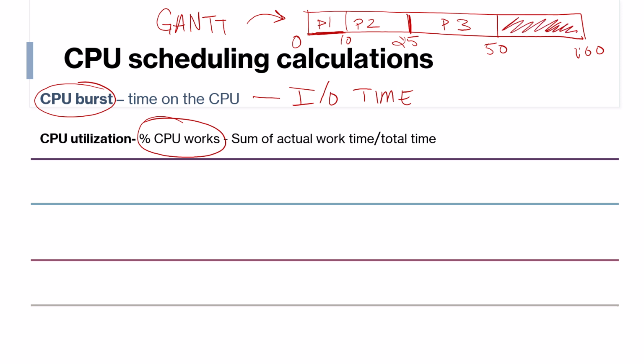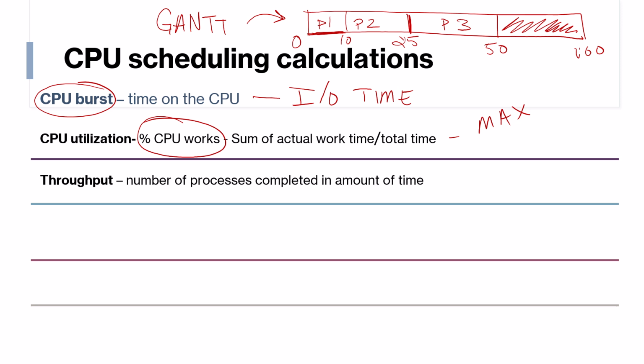That would be 50% CPU utilization because the CPU was busy for 50% of the time, and 50% of the time it was not doing anything. So you want to maximize your CPU utilization. Throughput is the number of processes that are completed in a given amount of time. So obviously when we're doing these exercises, we're picking a time frame snapshot to do these comparisons.